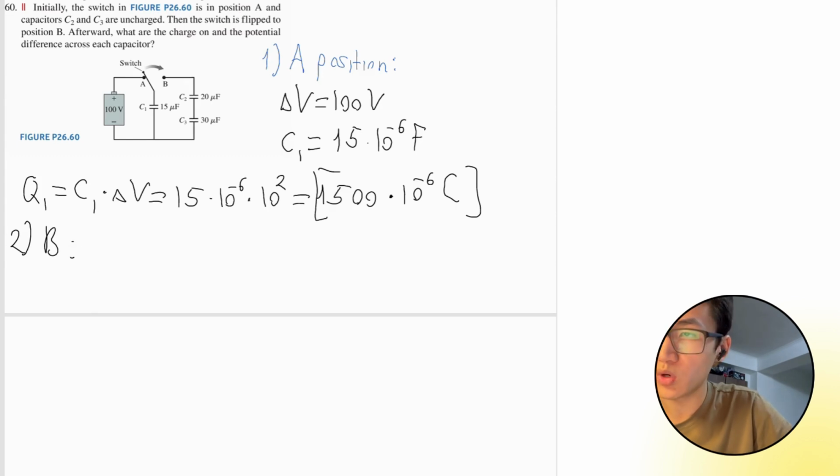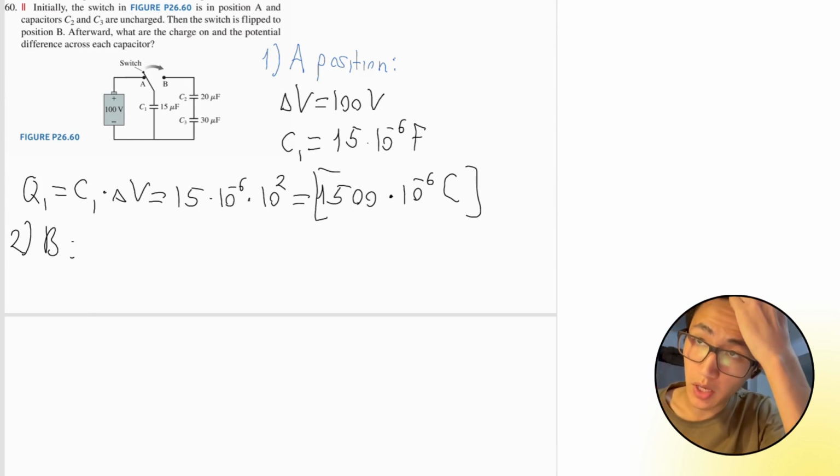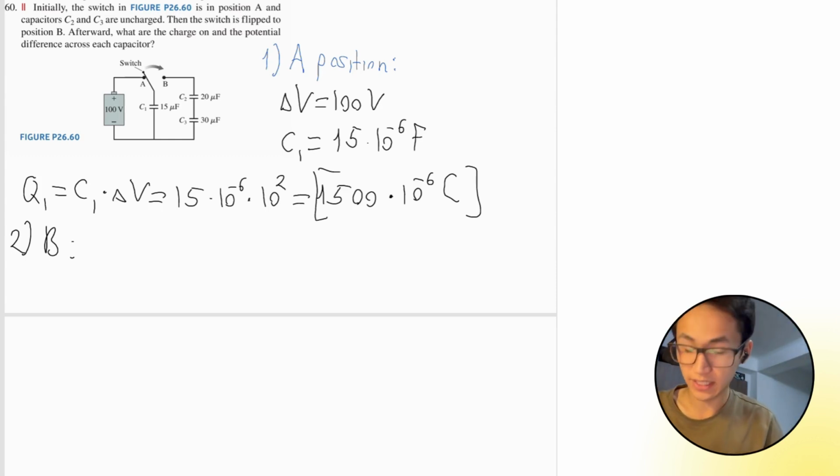In position B, what will happen? Firstly, we need to find the total. As you can see, C2 and C3 are connected in series, because C2's tail is connected to C3's head.